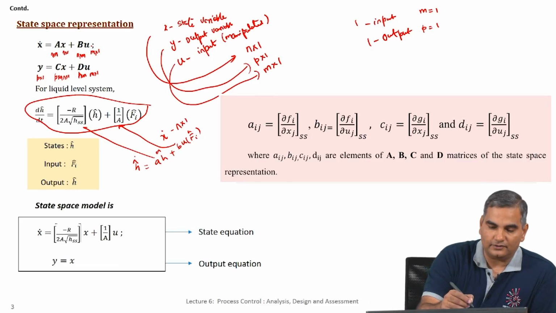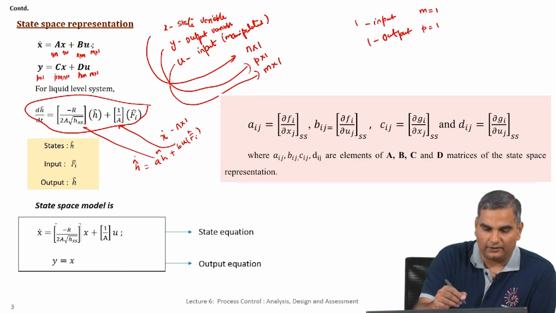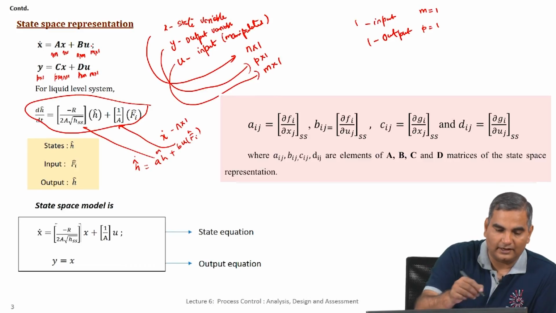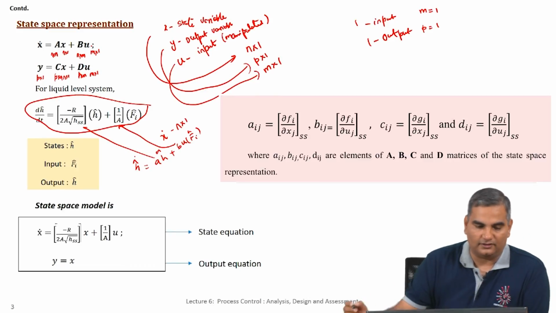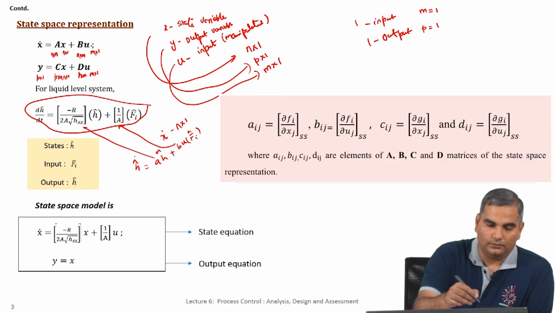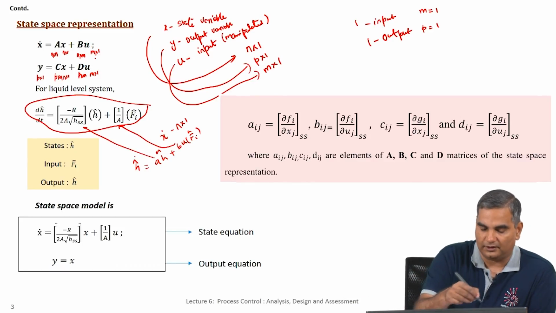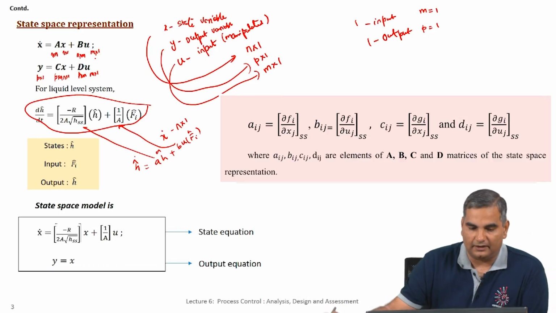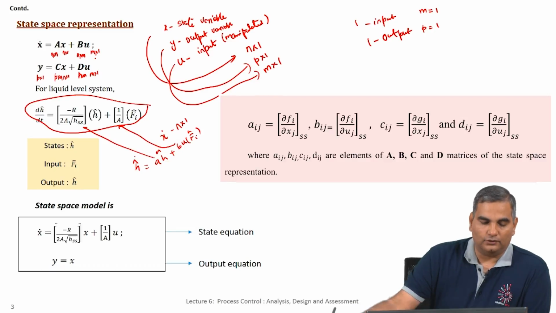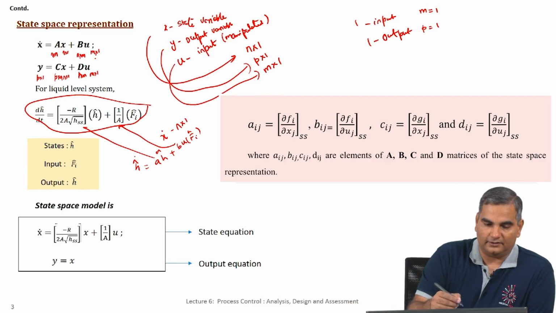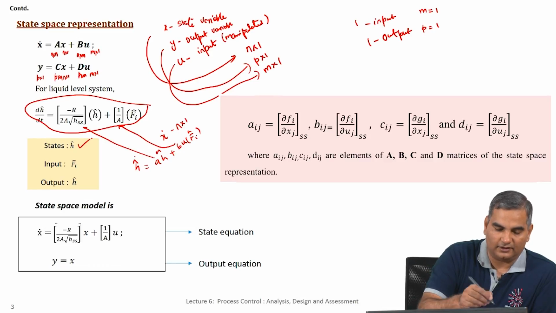Now you notice the close similarity between this equation and this equation here. The only difference is that it is really not a difference. The thing that you have to note is that the number of states is 1 in this case. So, this matrix equation or a vector equation, if you want to think about it that way, becomes a scalar equation here. There is only one state and there is only one input fi. So, the state is h hat and the input is fi hat.